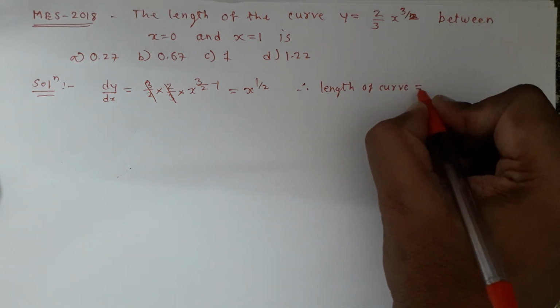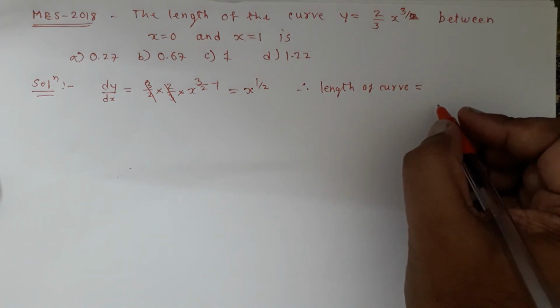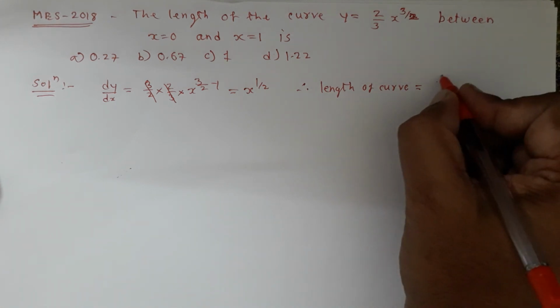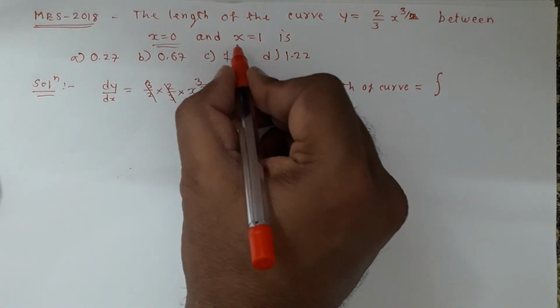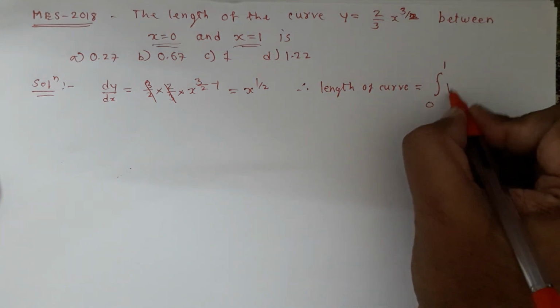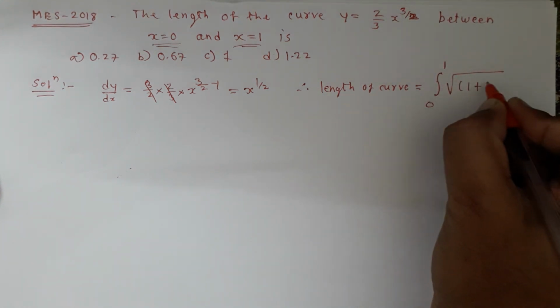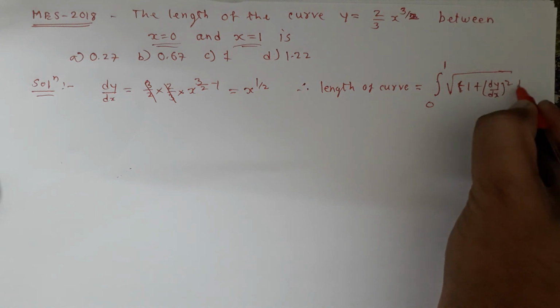Now the length of the curve is given as integration root of 1 plus (dy by dx) the whole square. Here the limits of integration are going to be x is equal to 0 to x is equal to 1. So 0 to 1 root of 1 plus (dy by dx) square into dx.